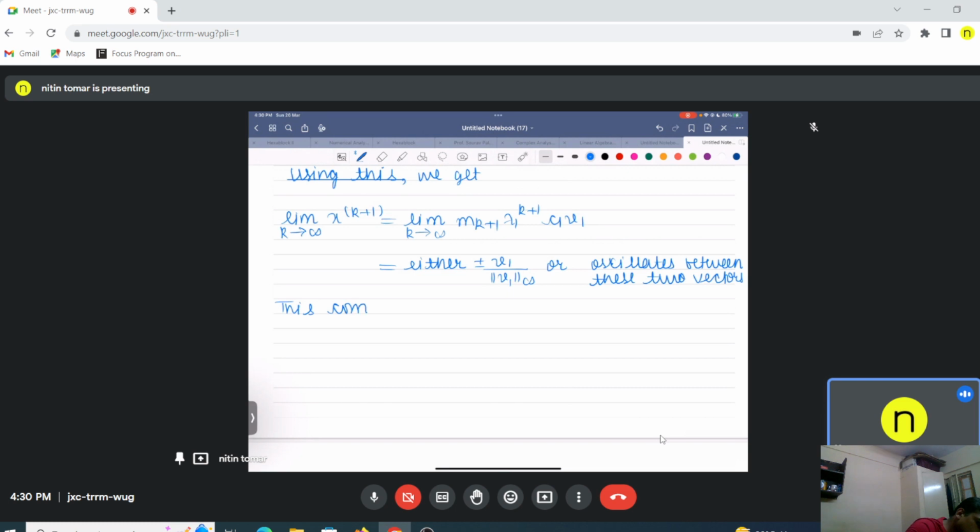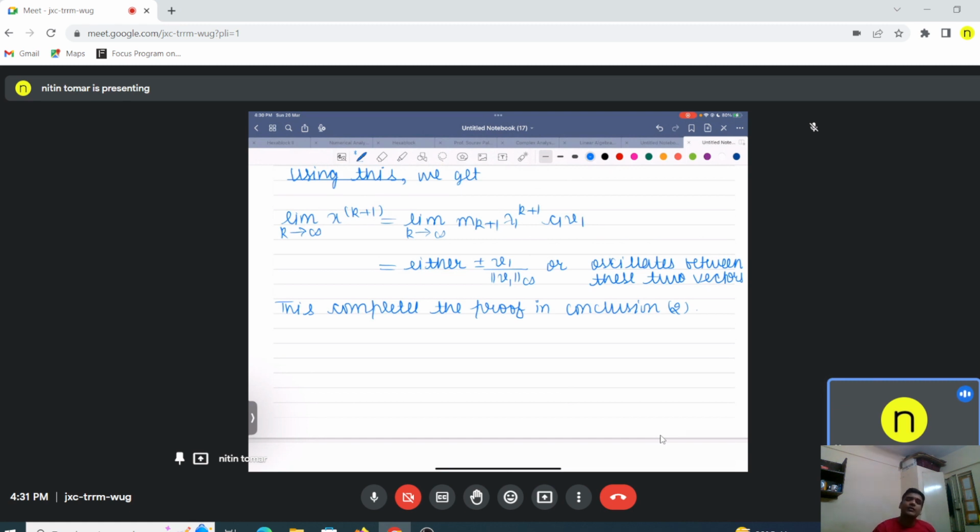In either case you just consider that subsequence, and this completes the proof of conclusion 2, because you can always choose a subsequence that converges to either v1 upon the norm infinity of v1 or minus v1 upon the norm infinity of v1.